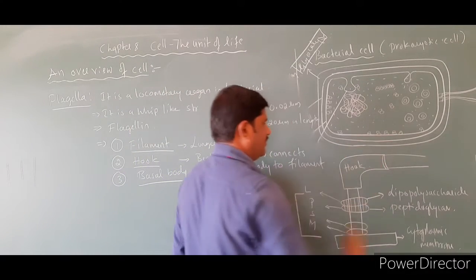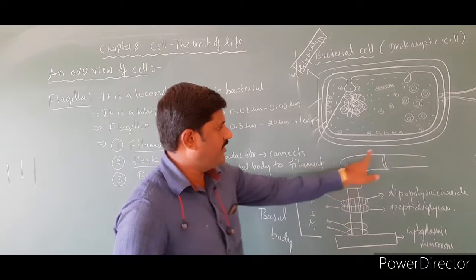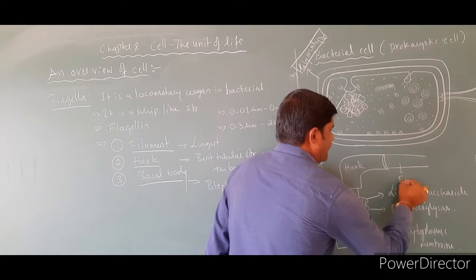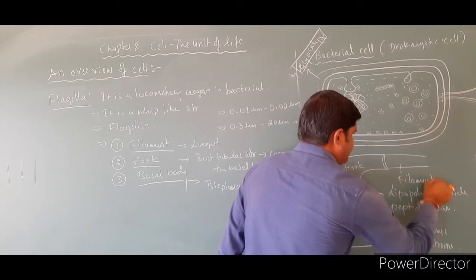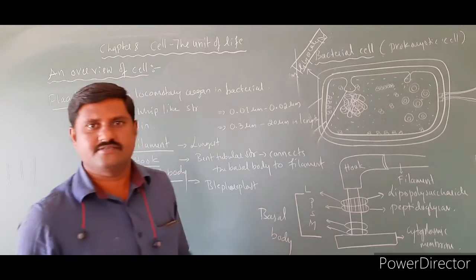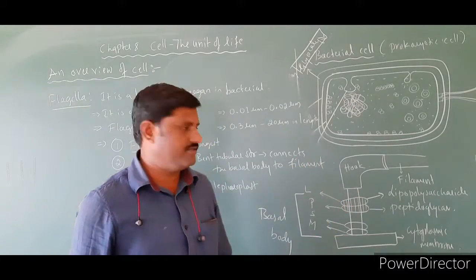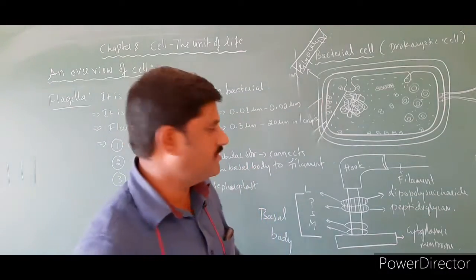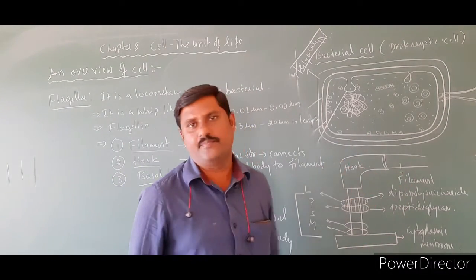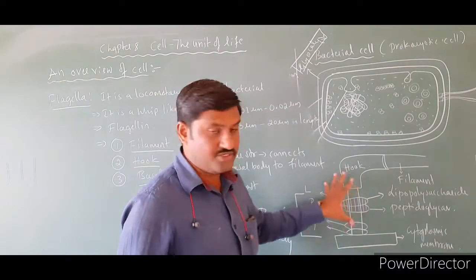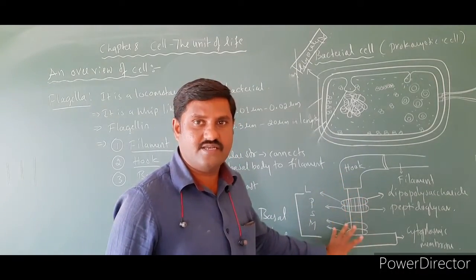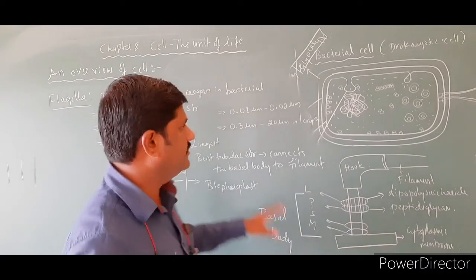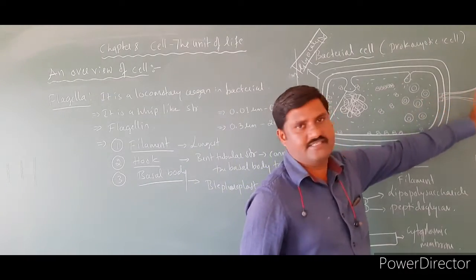It is the hook that links the basal body to the filament. This structure itself is called the filament. You remember all these rings in the basal body, as well as the hook and filament. All these three together form the entire flagellum, right?